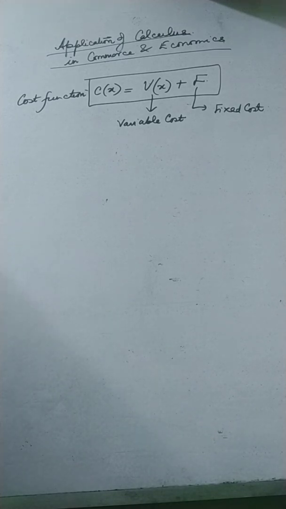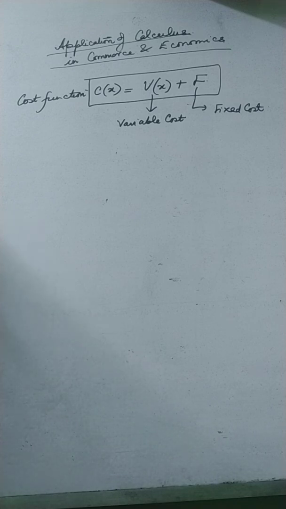Okay, so basically what we have here is, now what is coming under variable cost and what is coming under fixed cost? That which is dependent on the number of units will come under variable cost, and fixed cost means that which will always be there irrespective of whether you manufacture any unit or not. Even if the manufacturing unit is closed for some time, you have to bear this expenditure, right?